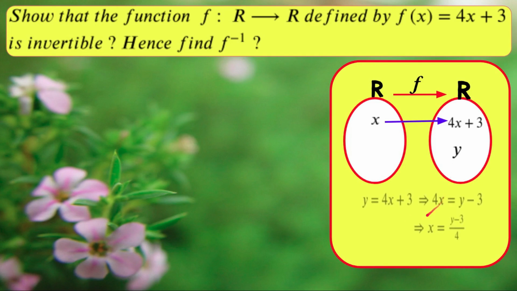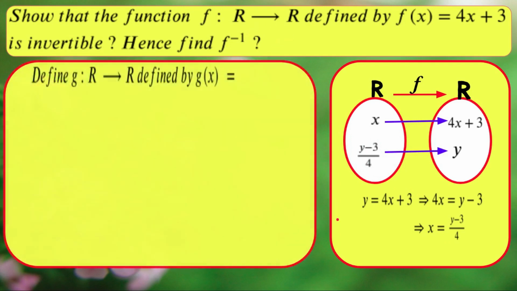See this. Suppose y equal to 4x plus 3, 4x equal to y minus 3, and x is equal to (y minus 3) by 4. That's the inverse image. You check with the elements. Okay, that is our g. We can take it as a g from R to R. Okay, but (y minus 3) by 4, you can take g of x as (x minus 3) by 4.